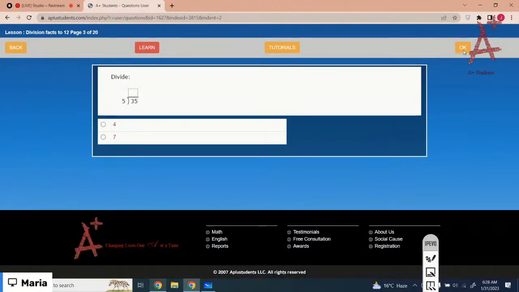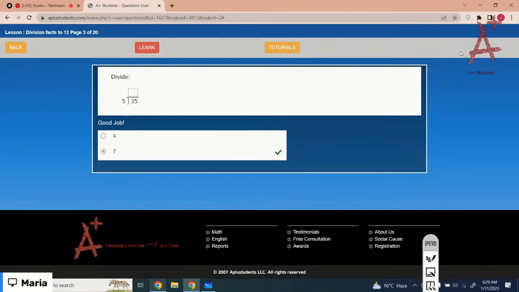Okay, 35 divided by 5 is... 5 times what number is 35? 5 times 7 is 35. Got it? That means you have to subtract 5 seven times until you get 0. Got it?